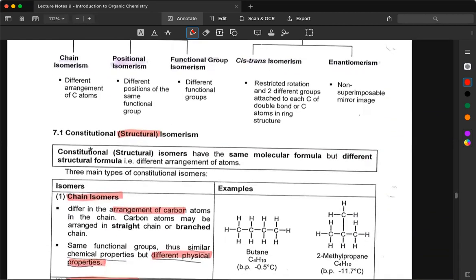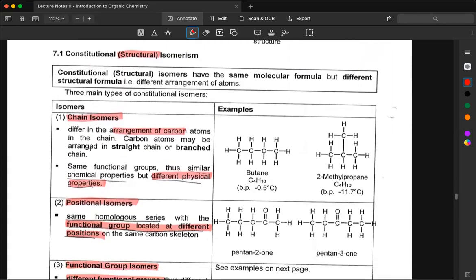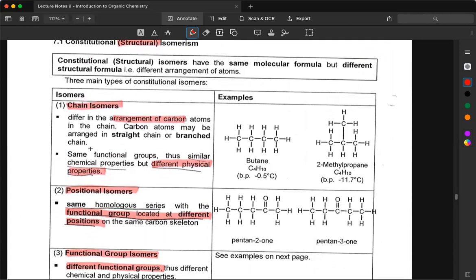So for constitutional or structural isomerism, the isomers have the same molecular formula but different structural formula, which is a different arrangement of atoms. We can further classify that into chain isomers, where it differs in the arrangement of carbon atoms, one straight, one branched. They will definitely have different physical properties, but similar chemical properties due to the same functional group.